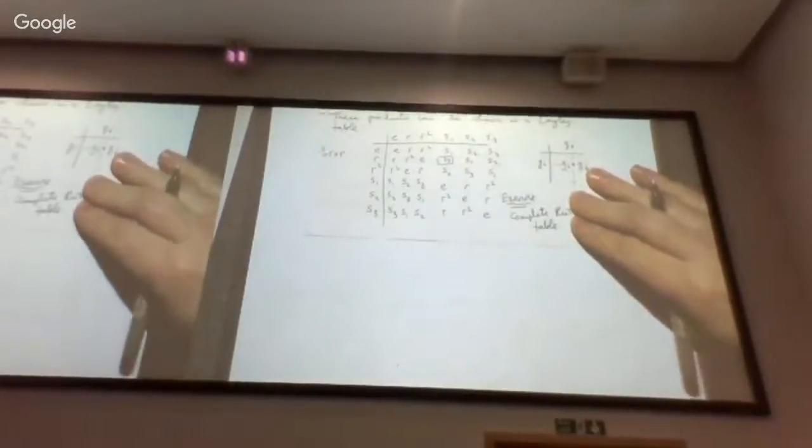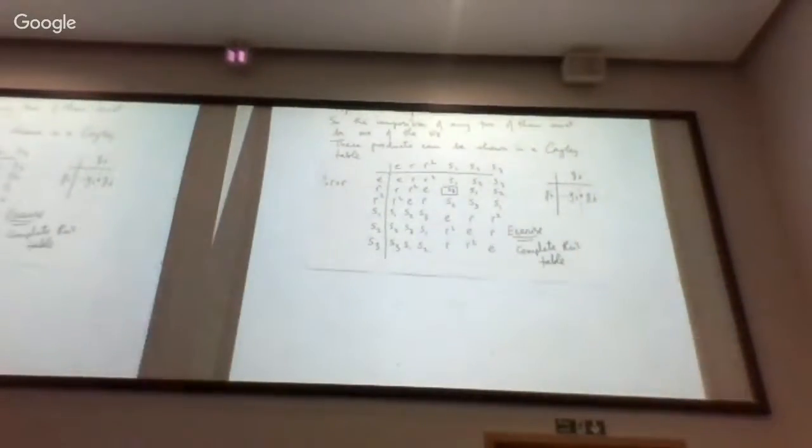So this now is the complete multiplication, the complete composition table, operation table for the group D3. We've identified the 6 symmetries of the triangle and also how those 6 symmetries compose with each other to give other symmetries.